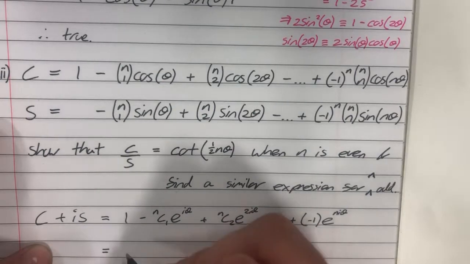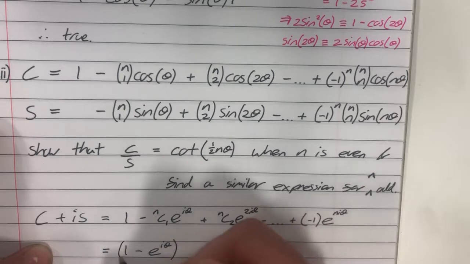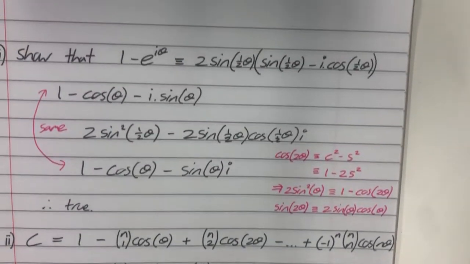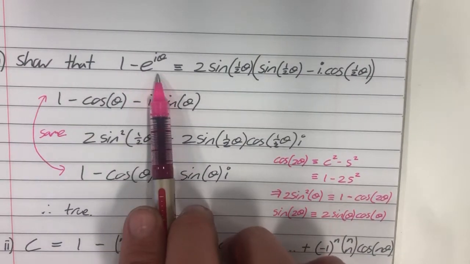And this is identical to 1 minus e to the i theta to the n again. If you're unsure where that's come from, you can reverse engineer that and expand the bracket and get back to this, or you could just consider what was asked in the earlier part of the question. We are now using this.